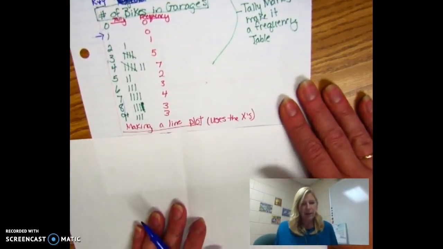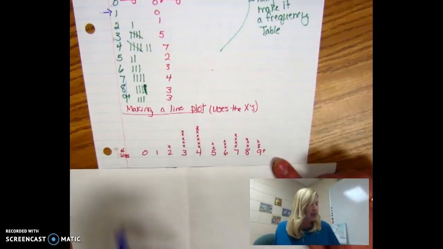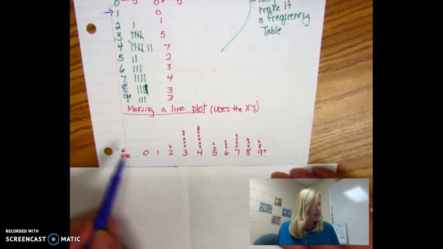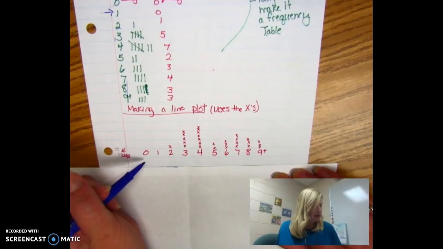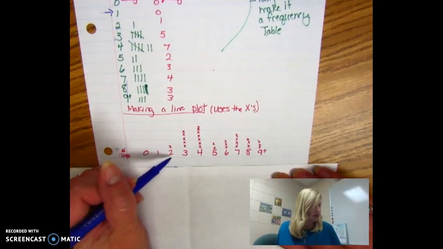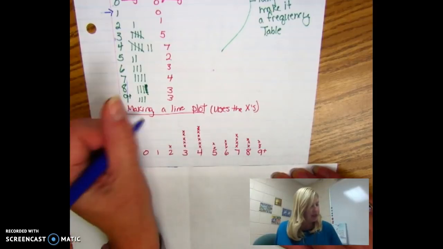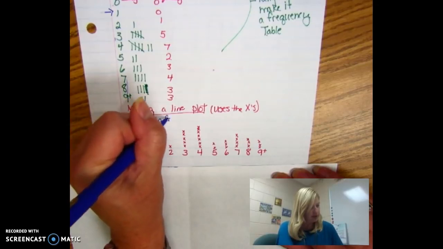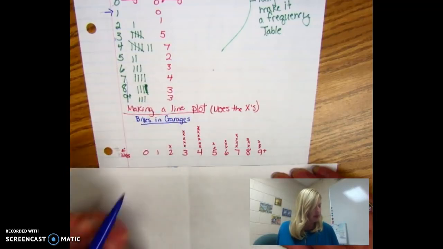Now we're going to make a line plot, and we are going to use little X's. So I'm making a line plot out of my frequency table. Notice again, these are the number of bikes in someone's garage. I have 0, 1, 2, 3, 4, 5, 6, 7, 8, and 9. So I'm going to title it Bikes in Garages. Titles are important, so I know what I'm looking at.